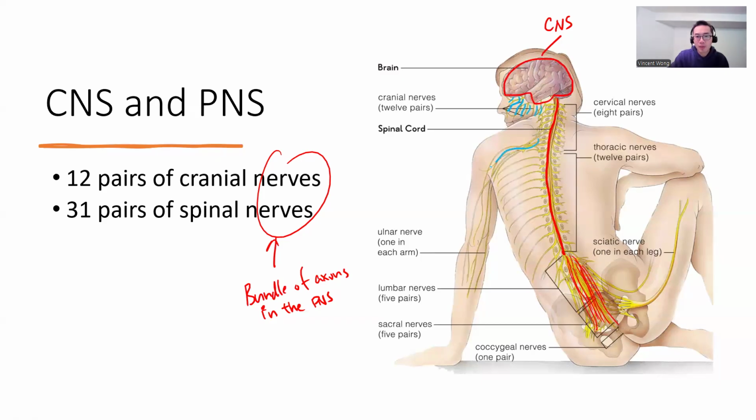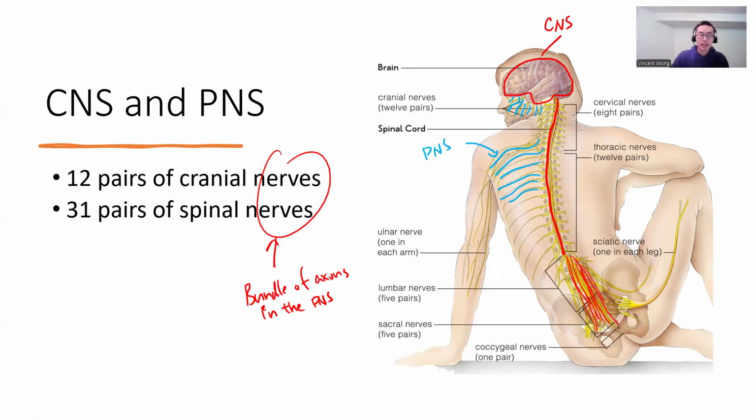And you would have nerves that come out directly from your spinal cord. These nerves would be part of the PNS. They originate from the brain and the spinal cord, but are not part of the brain and the spinal cord. And so we call them the PNS.